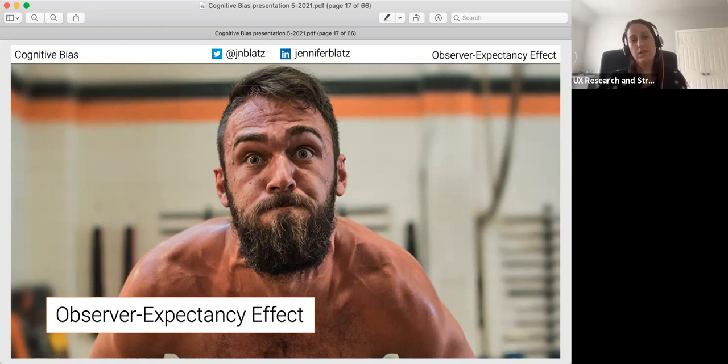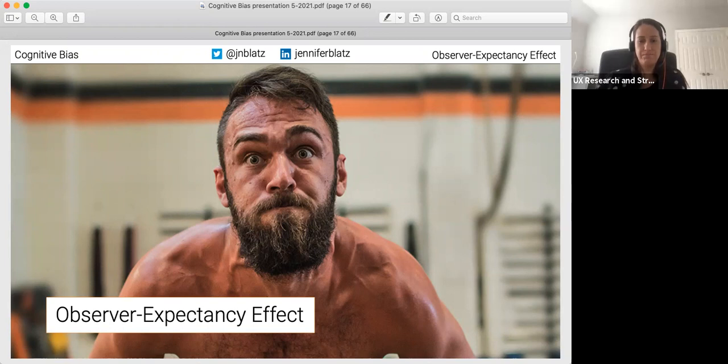The observer expectancy effect happens when the researcher, or anyone in a conversation really, the one who's talking to the participant, subconsciously or unintentionally reacts to something that the person has said or done. And then the researcher's reactions affect the participant in the conversation.